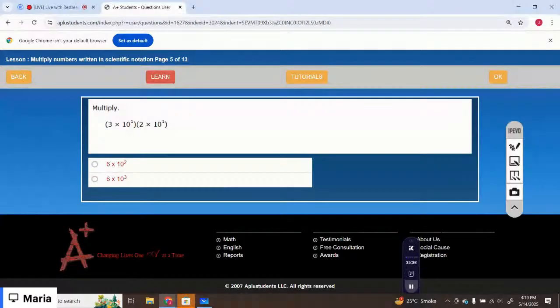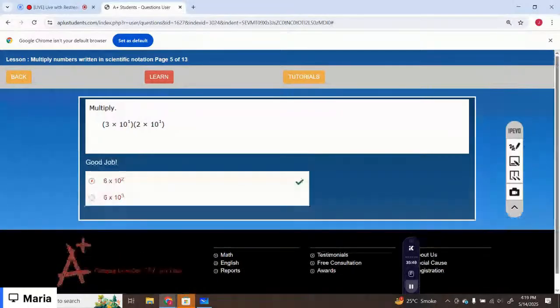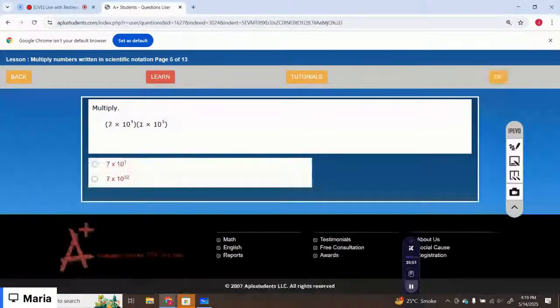That is option number 1, 6 times 10 exponent 2 is the correct option. We multiply, so which is the correct option?